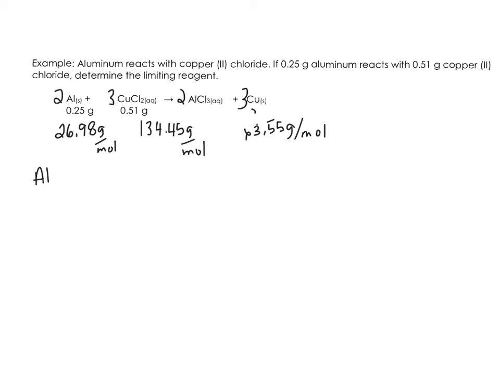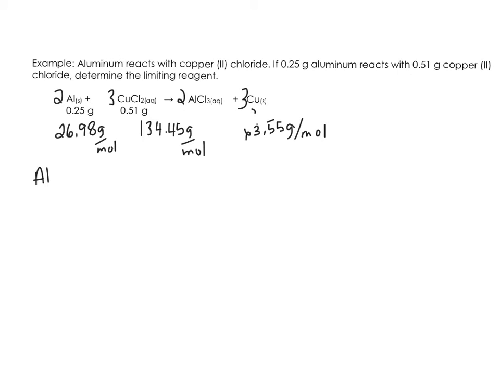I figure out how many moles of copper 2 chloride I have and how many moles of copper 2 chloride I need. I compare those amounts. If I need less than I have, then I am correct. Aluminum is limiting. But if I need more than I have, then copper 2 chloride is limiting. That's the traditional way to do it.